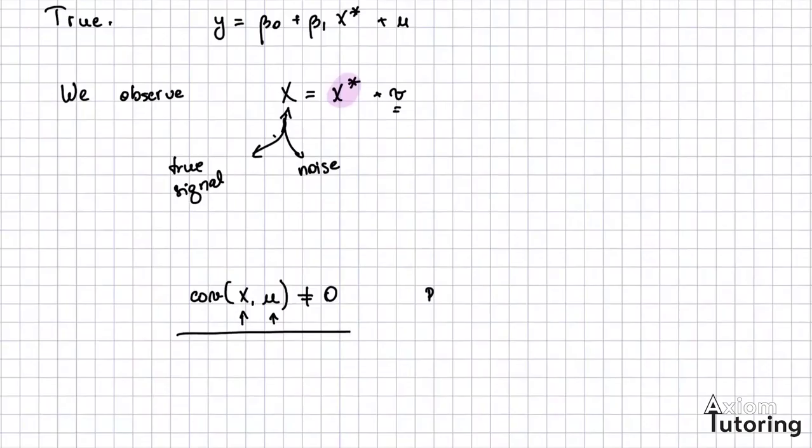So why is the covariance between x and u different from 0 here? Because keep in mind, you had x as x star plus the v. And OLS uses this x instead of the x star.